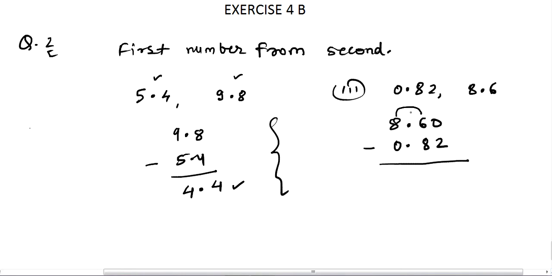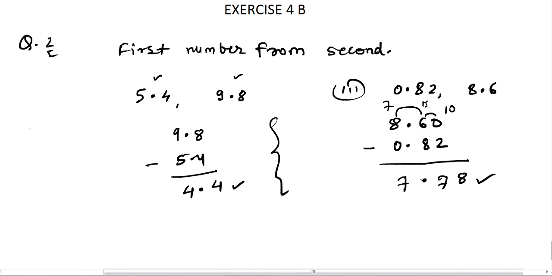So just borrow, then this will be 10, this will be 15. So 10 minus 2 8, 15 minus 8 7, and this 8 will be 7. So 7.78 is required answer. Clear? Now you can solve remaining questions. Since all questions are same, you can solve.